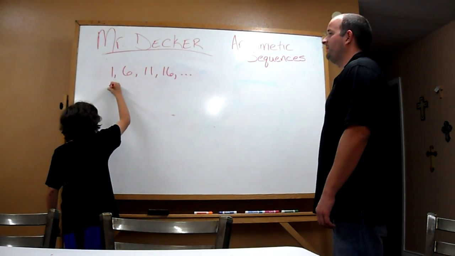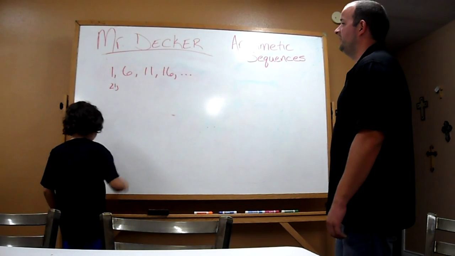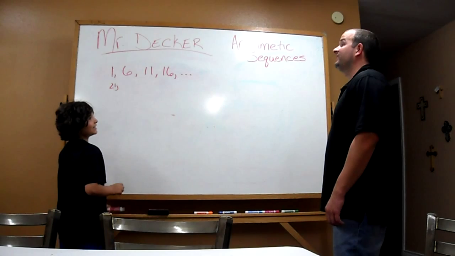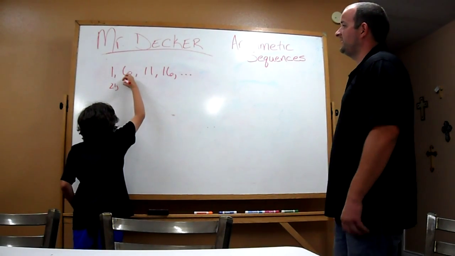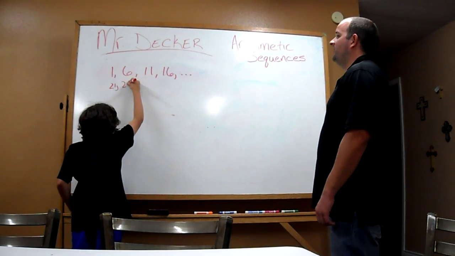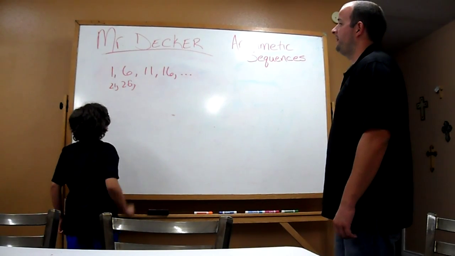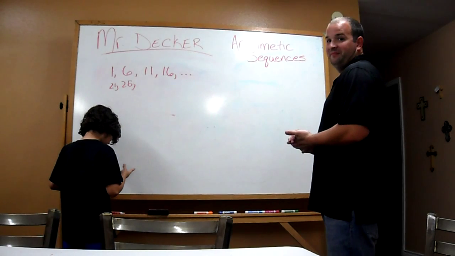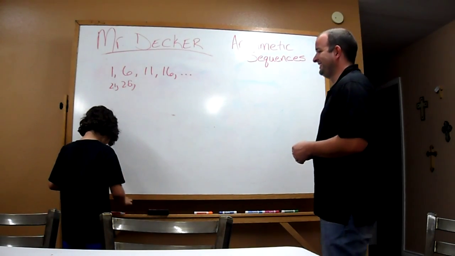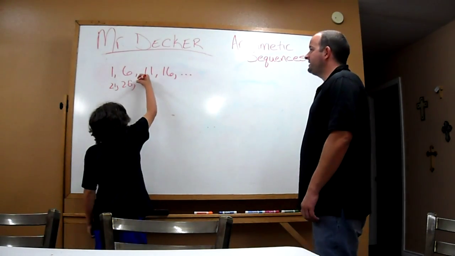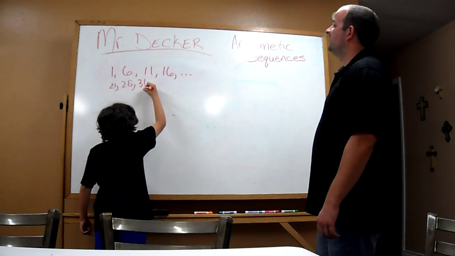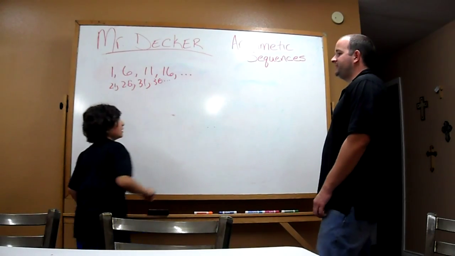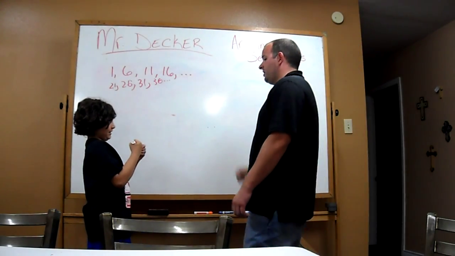Good job. What's after 21? 26. Give me 2 more after 26. 31. Awesome. Alright, what's our next? 36. Good job. What do we end it with? An ellipsis. Keep going, because it keeps going.